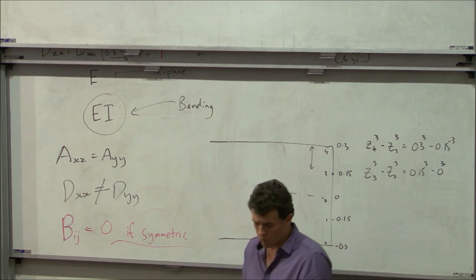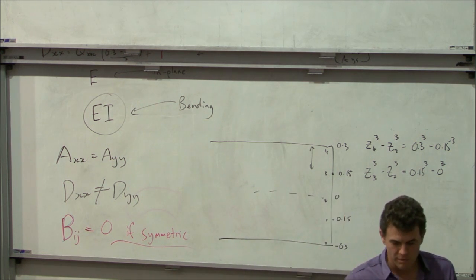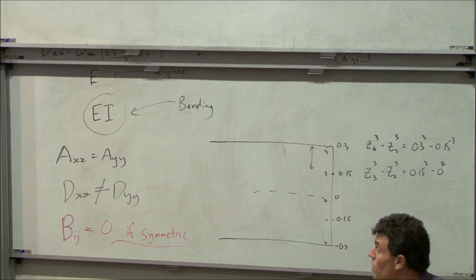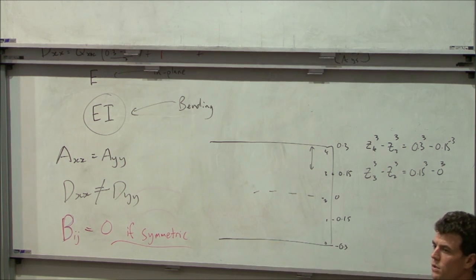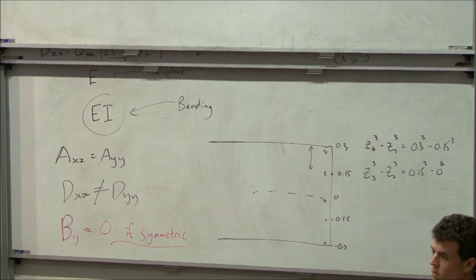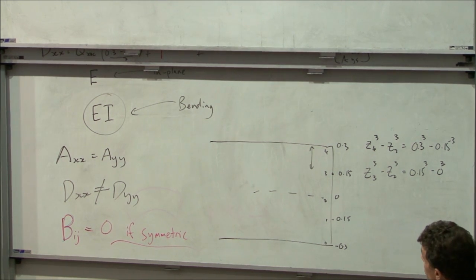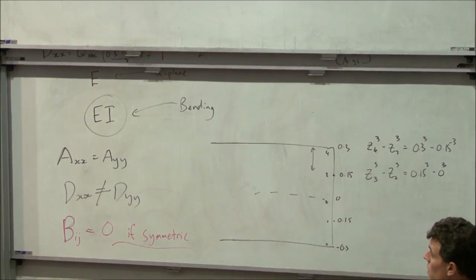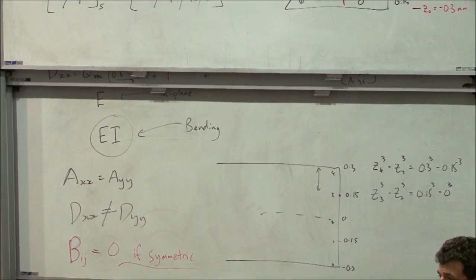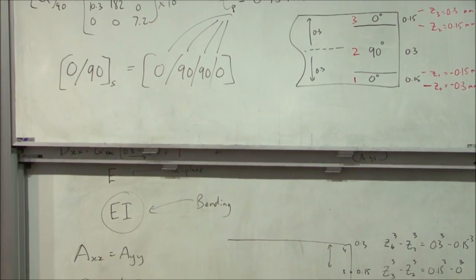What I want you to convince yourself of is that that term will actually go to 0 if the laminate's symmetric. So you can calculate it for this case, which is a symmetric laminate, and you should see that it'll equal 0, or very close to it at least. And I want you to convince yourself that that's true for the general case as well.